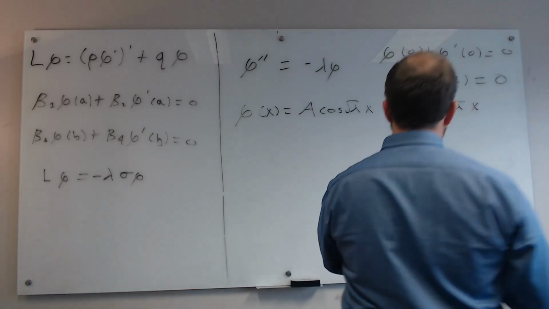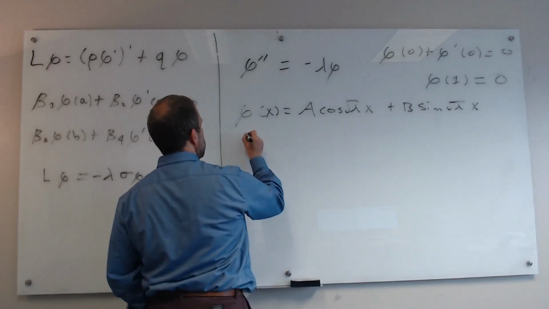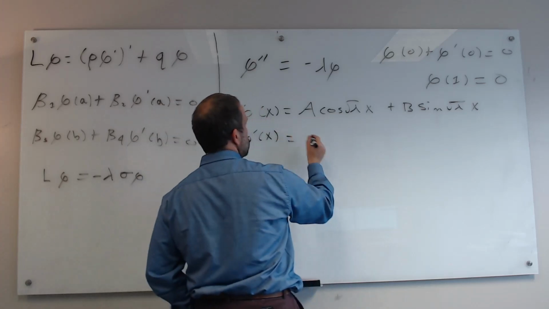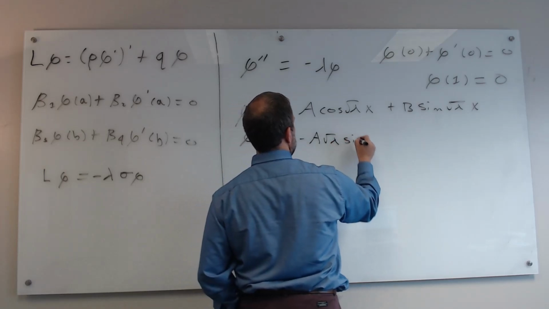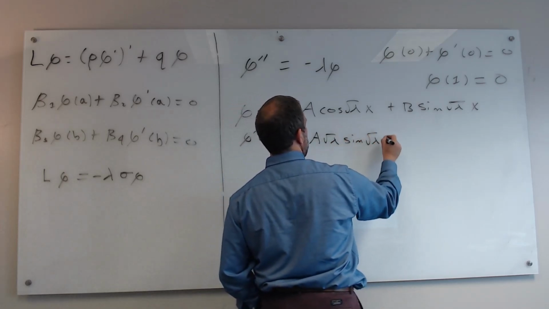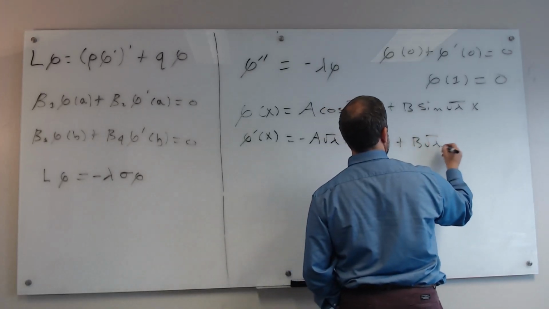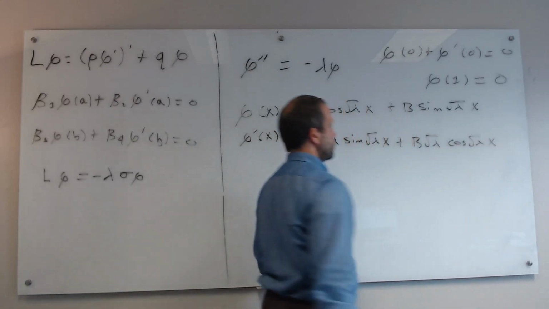Now, if I take the derivative, I'm going to get phi prime of x is equal to minus a square root of lambda sine square root of lambda x plus b square root of lambda cosine square root of lambda x.